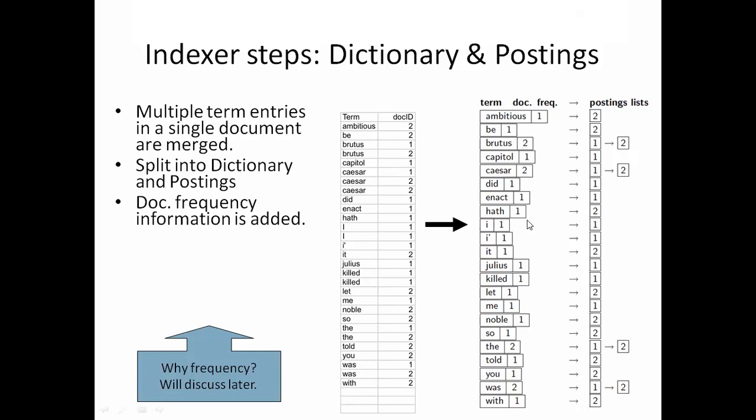Again I repeat: first we write down the term and document frequency. After that we get the posting list. Posting list means Brutus is available in document ID 1 and 2. Similarly Caesar, document ID 1 and 2. In this way we prepare the chart.